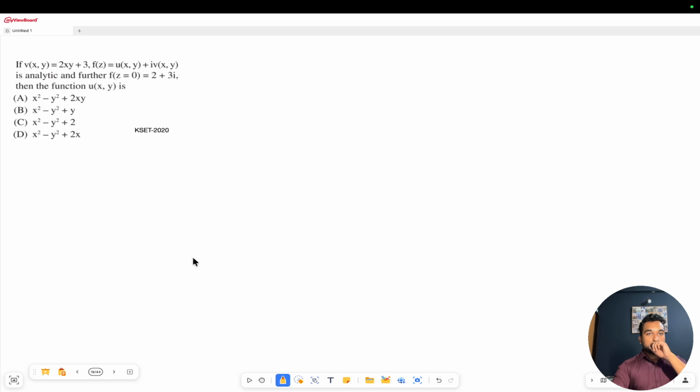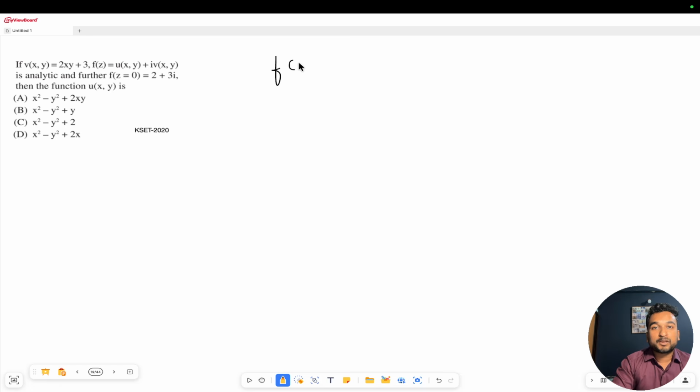Next, the question asks: if v of x comma y is 2xy plus 3 and f of z, which is u of x y plus i v of x comma y, is analytic, and further f of z is this, then what is the function u of x comma y?